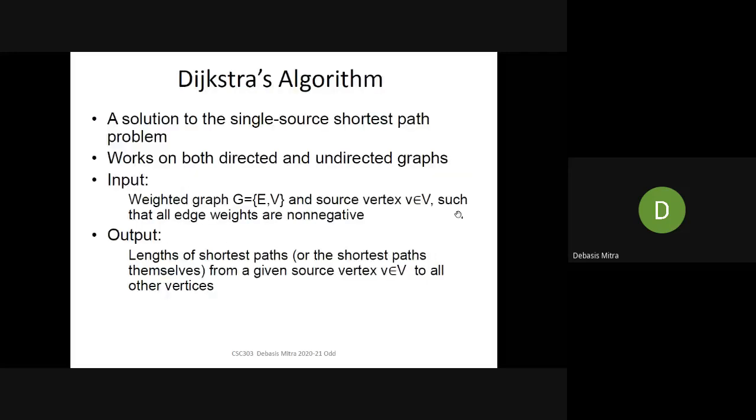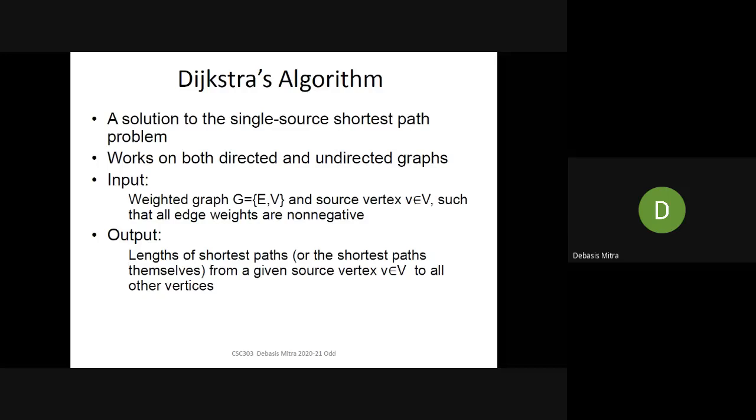So basically, the philosophy of Dijkstra's algorithm is like this. It works on both directed and undirected graphs. Okay, so the input is a weighted graph and a source vertex such that all edge weights are non-negative. So the destination vertex may not be specified, because it will automatically be able to find the shortest path from the designated source to all other vertices.